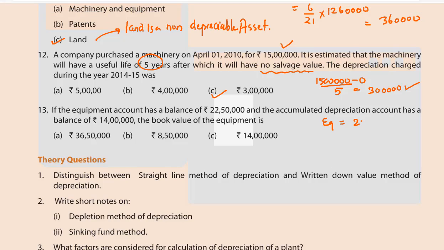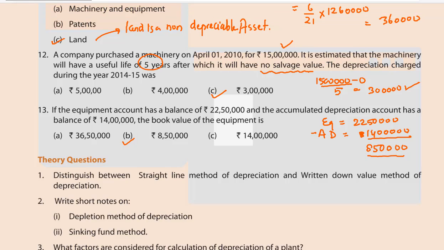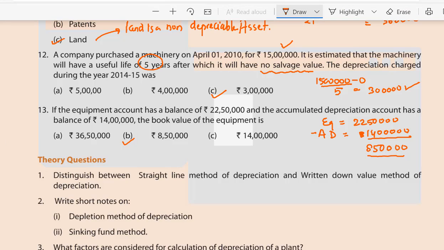So equipment account 22 lakh 50,000 minus accumulated depreciation 14 lakhs is 8 lakh 50,000. So the answer is B, 8 lakh 50,000. I believe you understood till here. 13B.